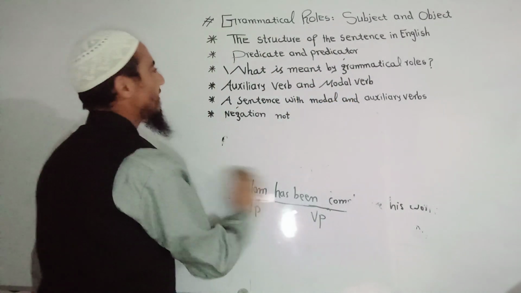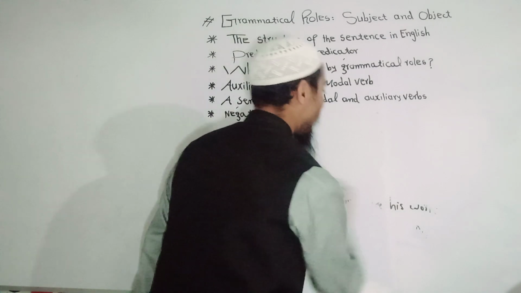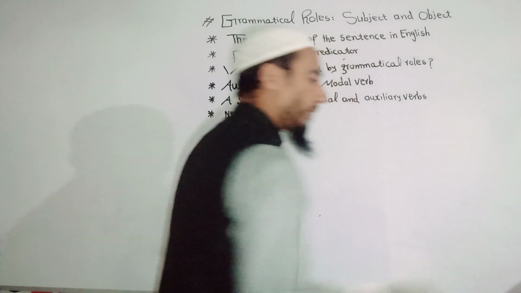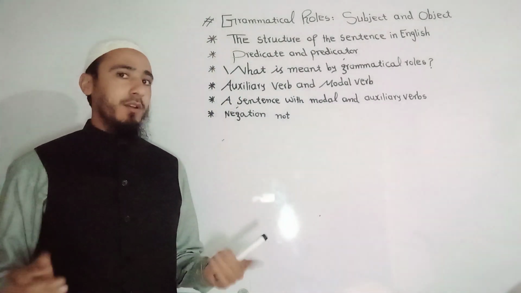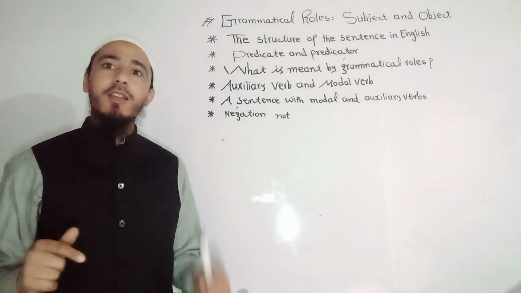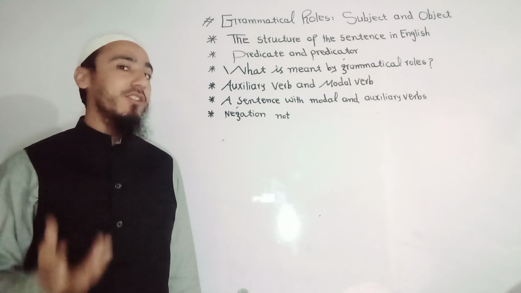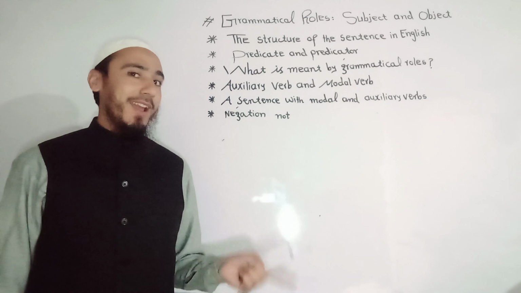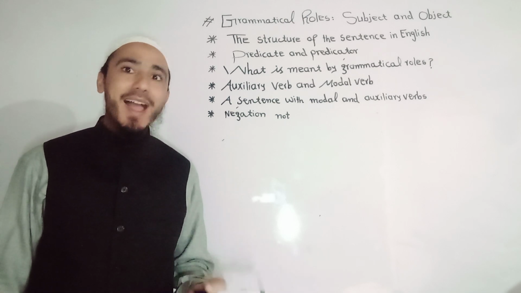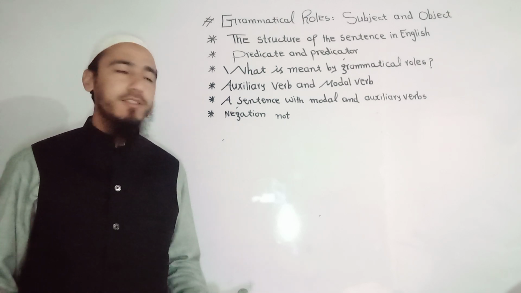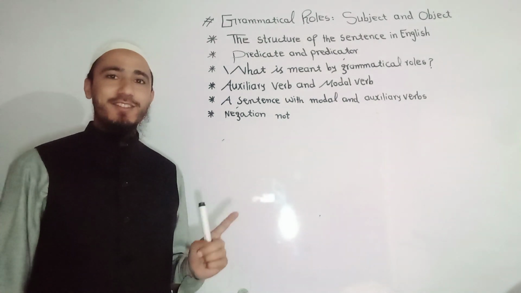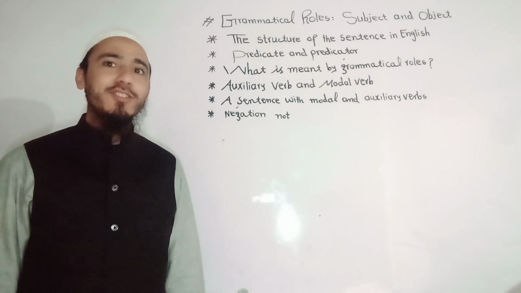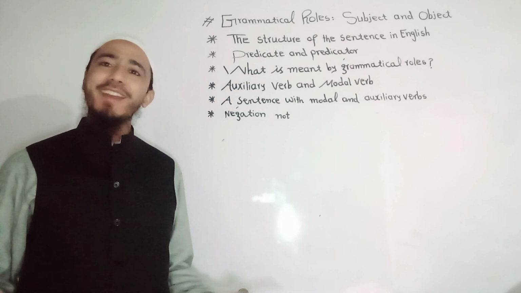Okay, listeners and audience, now I'm coming to talk about auxiliary verbs and modal verbs. You know, previously I shared the topic about open class and closed class in detail. Open class is a class in which new words can be added and invented or coined, while closed class is a class in which new words cannot be coined or invented, in which new words cannot be added.